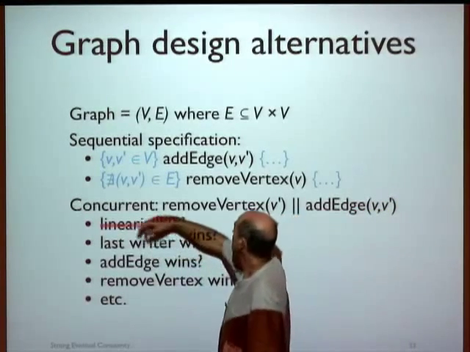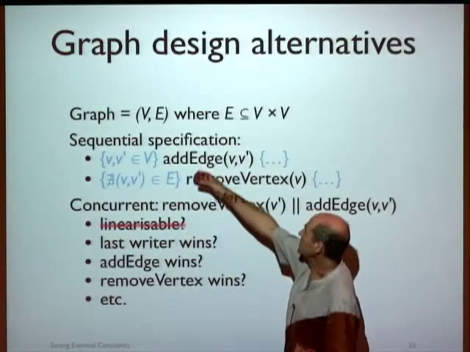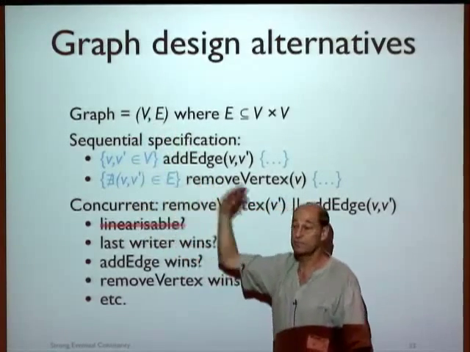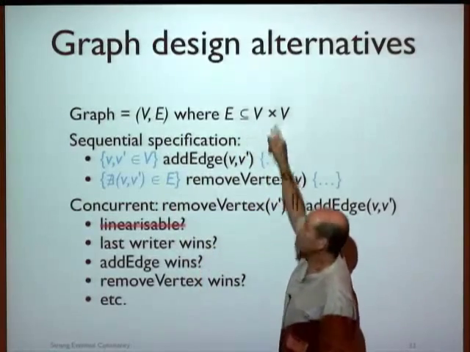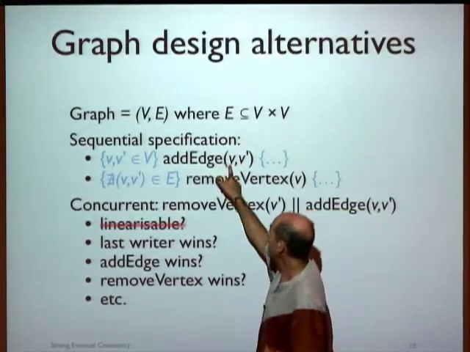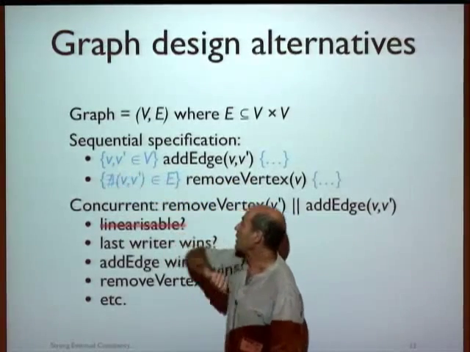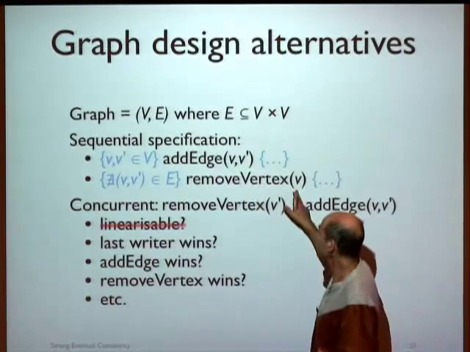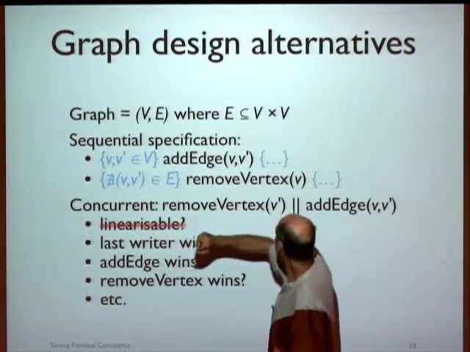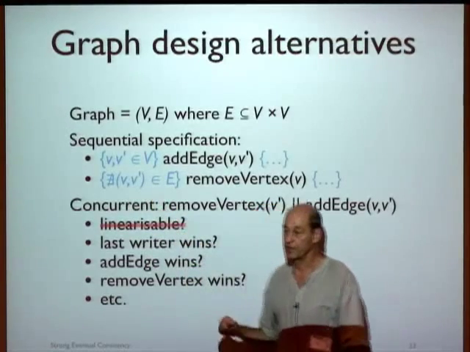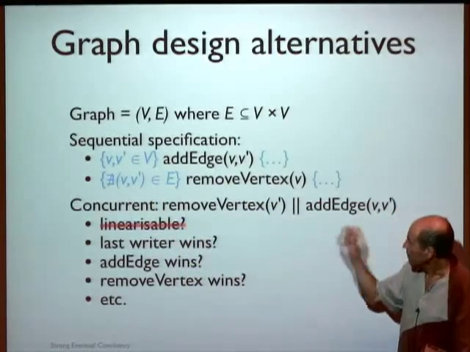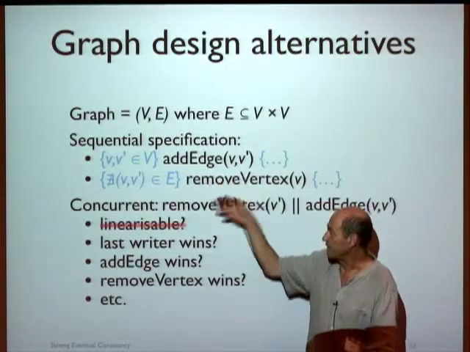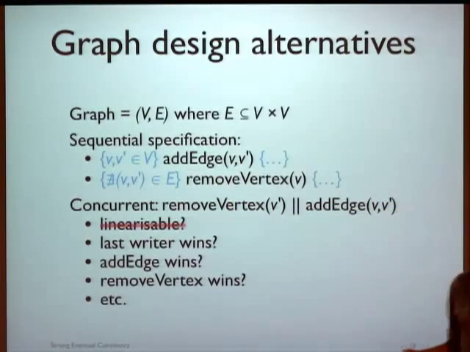It's the sequential specification of sets plus this invariant: you can only add an edge if the two vertices are in the vertex set, and you can only remove a vertex if there's no edge that uses that vertex, right?